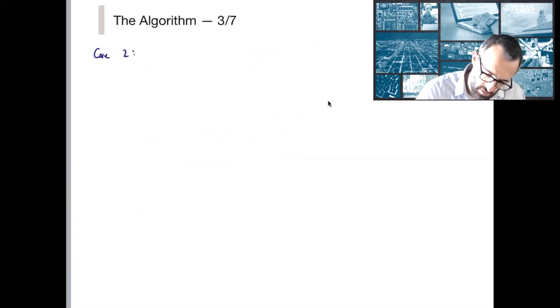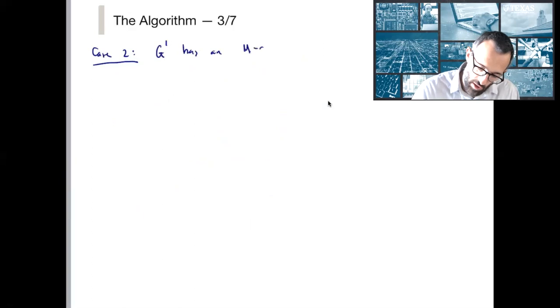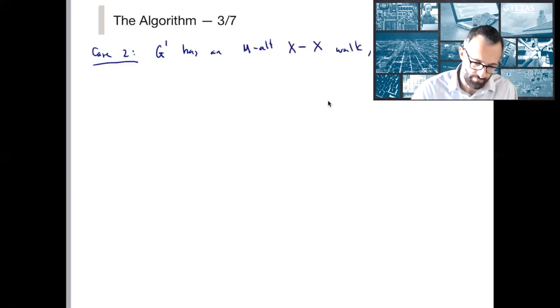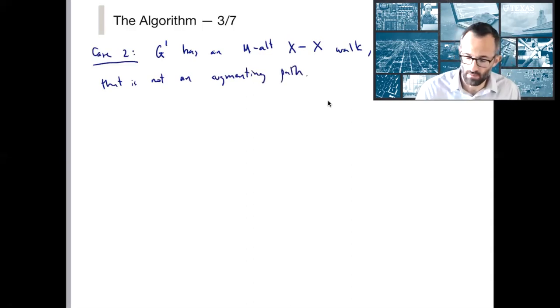Case two. This is the case that G prime has an M alternating X to X walk that is not an augmenting path. Now, what does that mean?